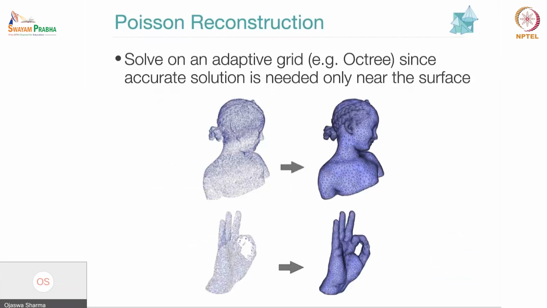And these are some of the outputs of a Poisson reconstruction. So basically, you have this point cloud, and then you recover a triangle mesh. How do I recover a triangle mesh here? When I solve it, let's say I solve it on a uniform volumetric grid, and at every point in the volumetric grid, I compute an implicit function value f.